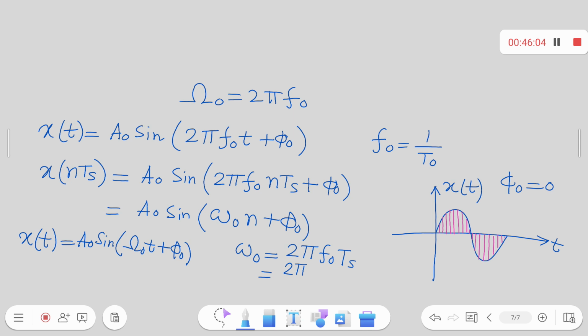Ts is the sampling duration. F naught is equal to 1 by T naught, that is associated with the signal itself. And Fs is a different thing: Fs is equal to 1 by Ts. So 2 pi f naught by Fs.